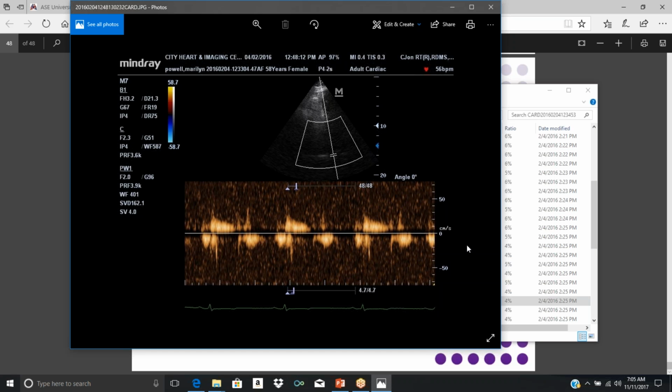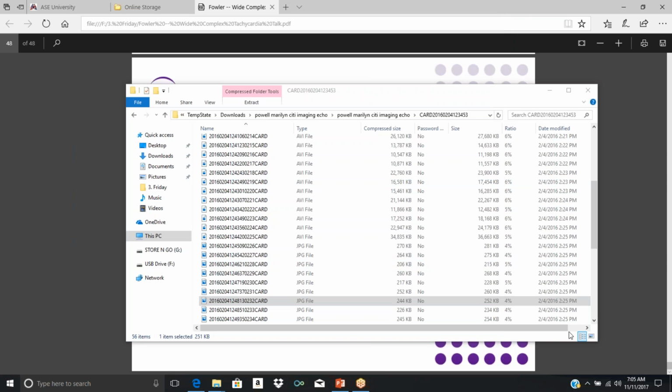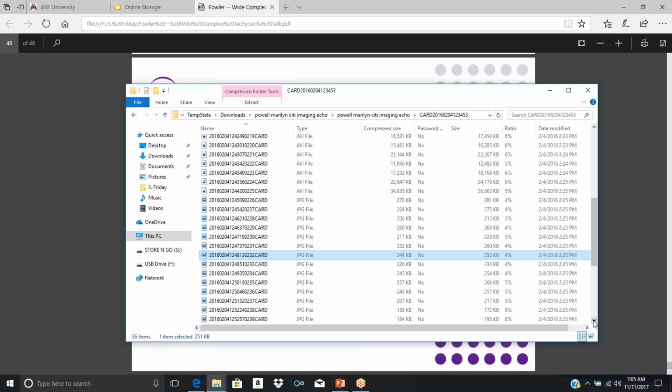Okay, so this is supposed to be a pulmonic flow, but it's not very clear, and we'll come across much better pulmonary flow in the future. But again, you need to develop a protocol.